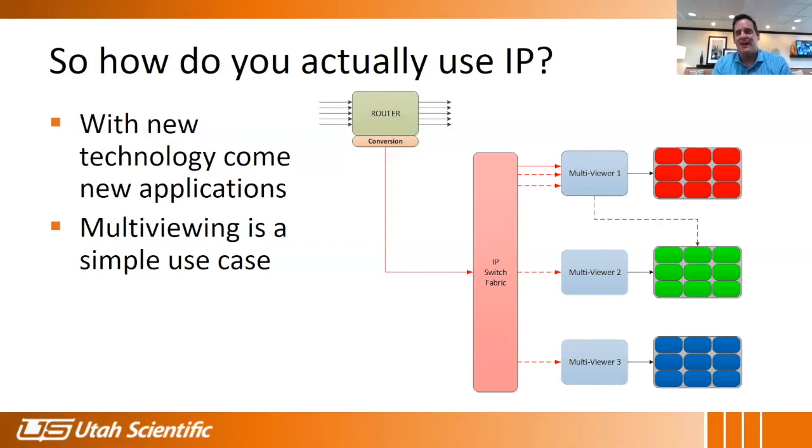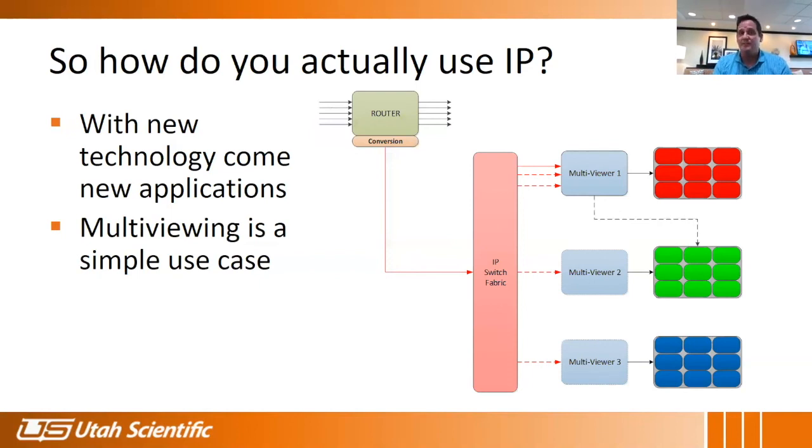If you're not a Series 2 customer, then we have a chassis that will convert SDI to IP 2022. You take those videos and feed the 10 gigabit switch, and from that switch you feed a multi-viewer, and it's all done in IP video.